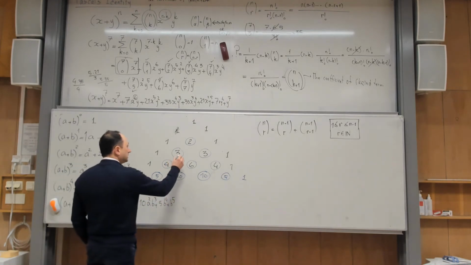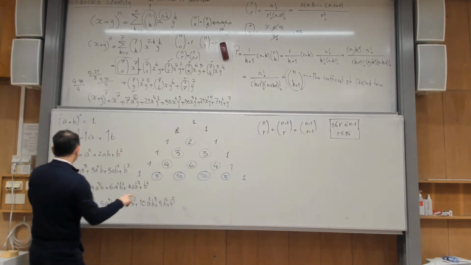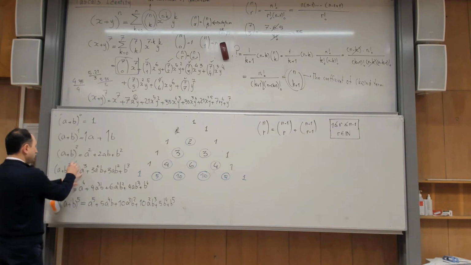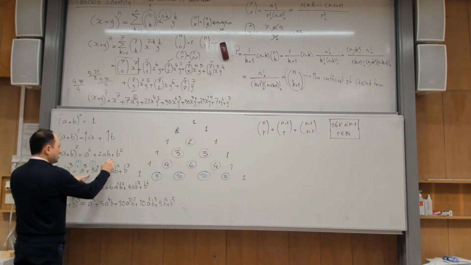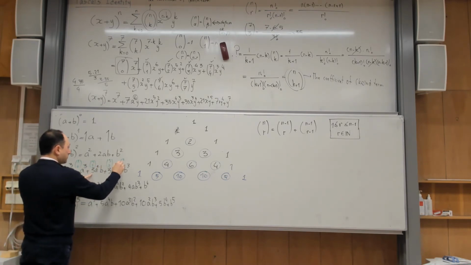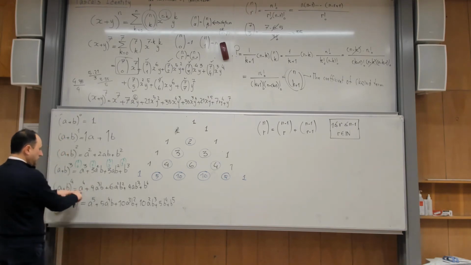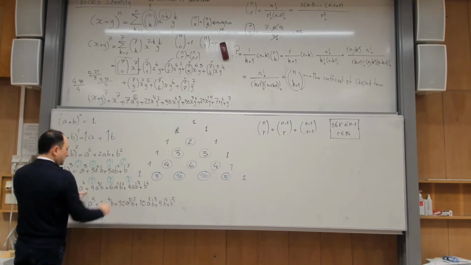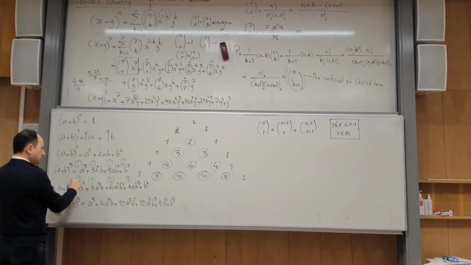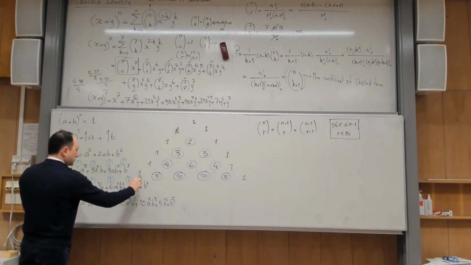So here, this number, according to binomial theorem, is 3 choose 0, this is 3 choose 1, this is 3 choose 2, and this is 3 choose 3. And for example here, this is 4 choose 1, 4 choose 2, 4 choose 3, and of course 4 choose 0, and 4 choose 4.